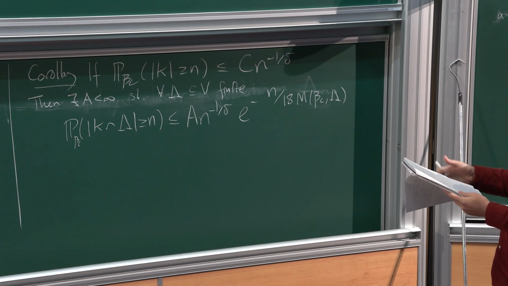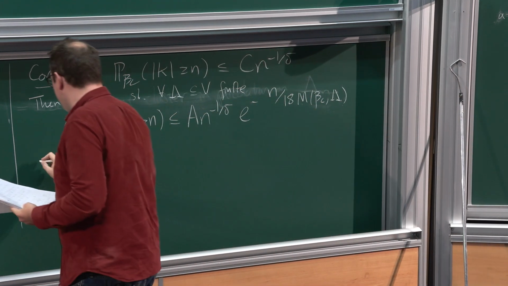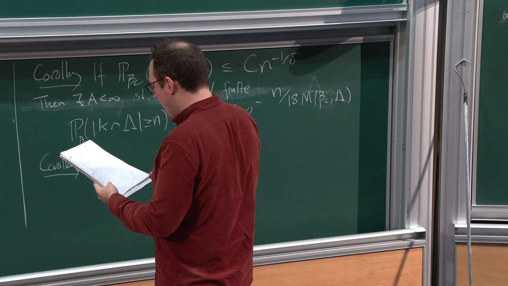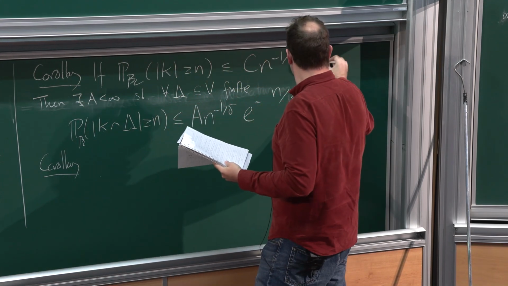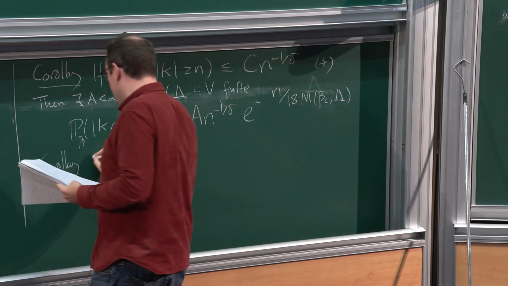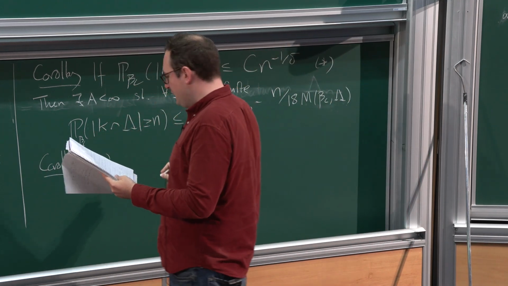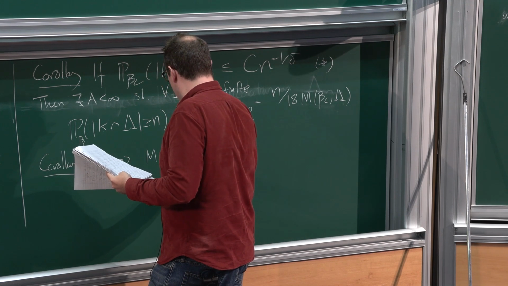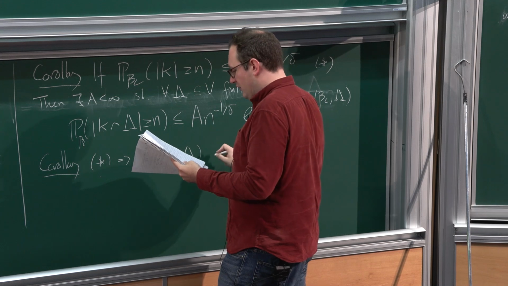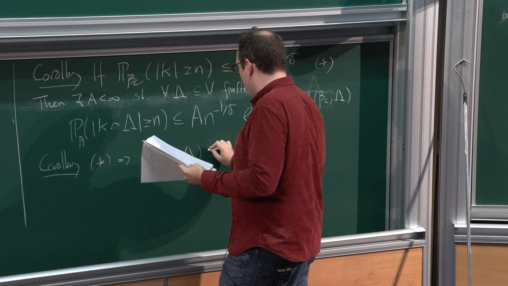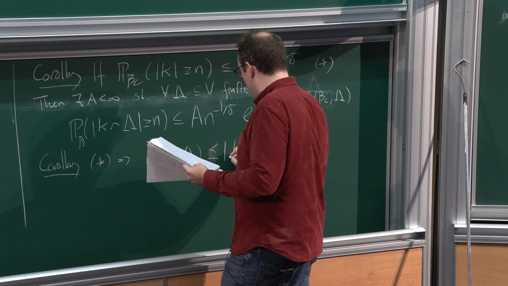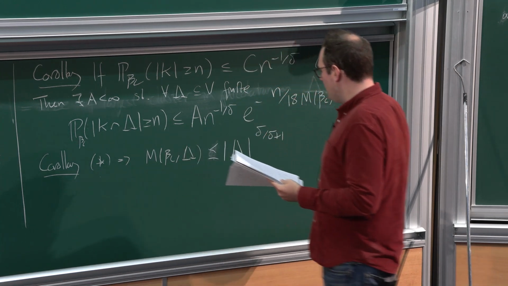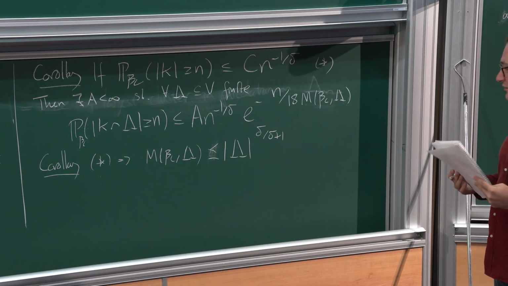So another corollary is that under the same assumption, let's call this star, if this holds, the volume tail, then for any set, the median of the largest cluster size is bounded by some constant times the size of the set to the power delta over delta plus 1.